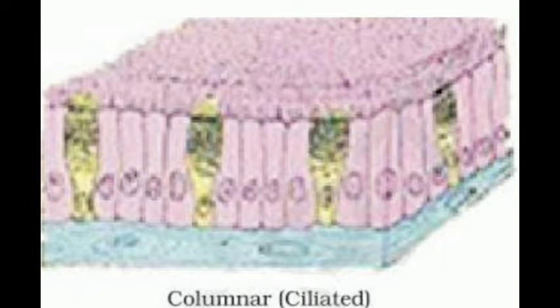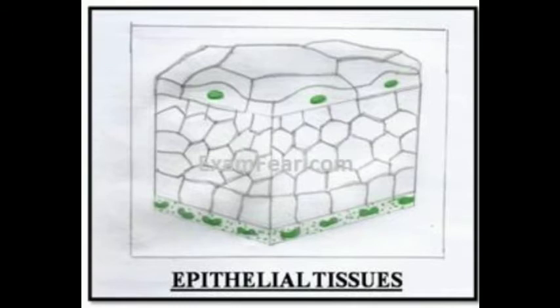So what will be the function of that? It will prevent dust particles from entering. Cilia moves forward to clear the mucus. See, epithelial tissues protect underlying cells from drying, injury, and even bacteria. They protect organs like mouth and alimentary canal.